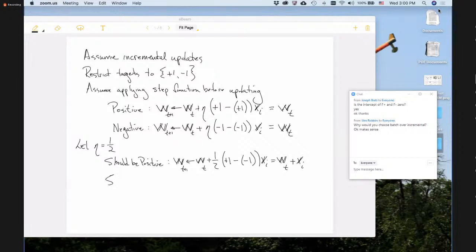And we get the same kind of thing if it should be negative, where we end up subtracting the example.